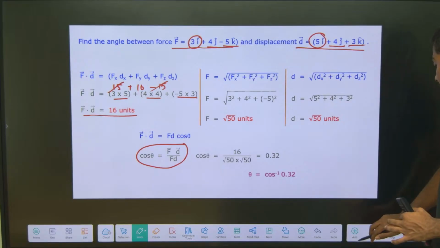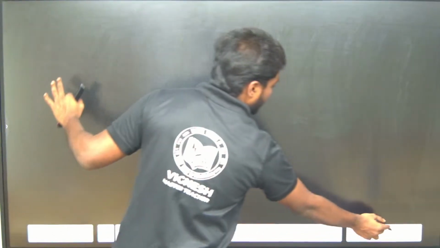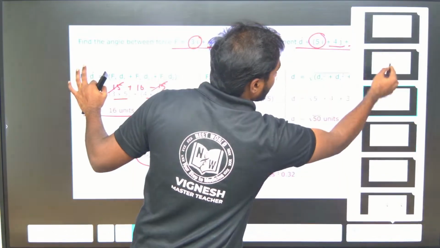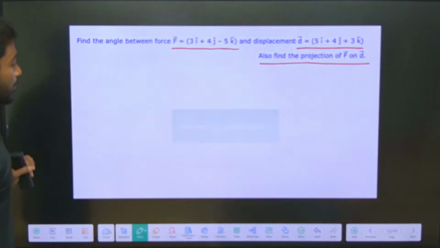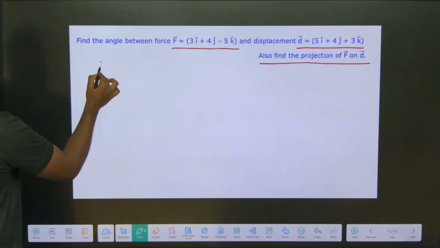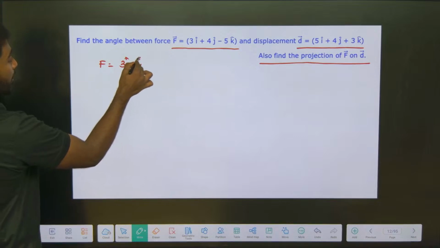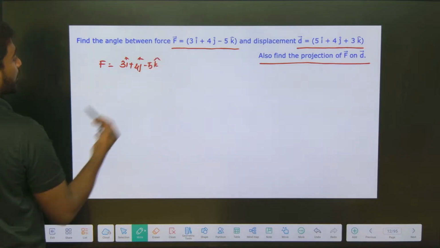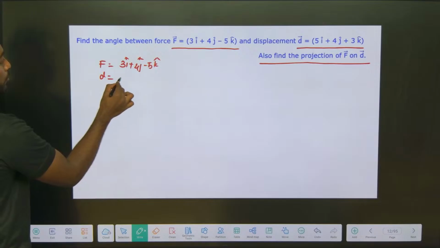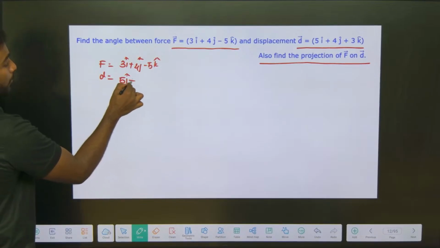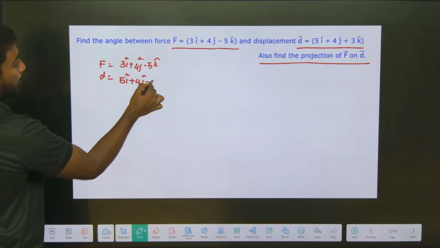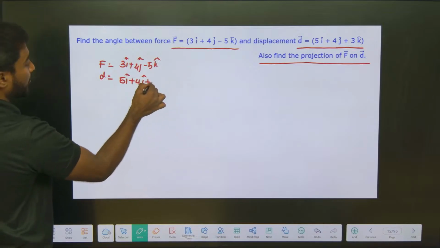Let's discuss here now. We'll do the problem. We'll take this slide only. So F = 3i cap + 4j cap - 5k cap, and D = 5i cap + 4j cap + 3k cap.